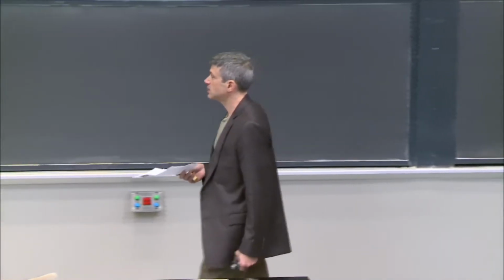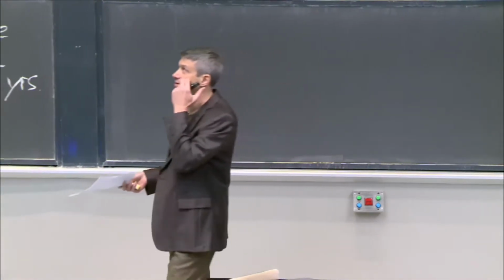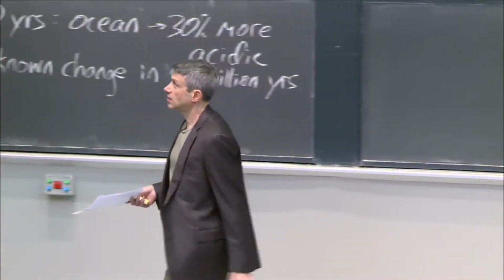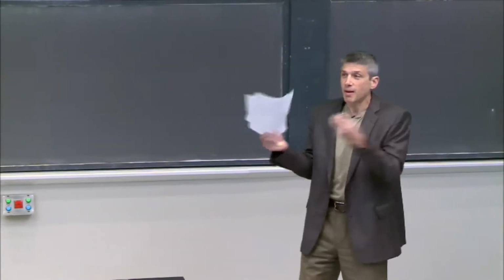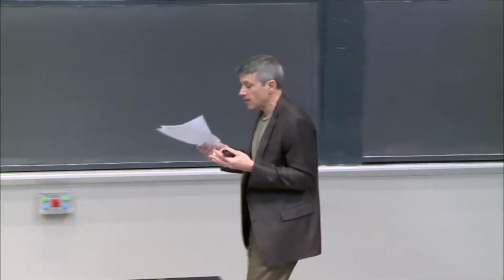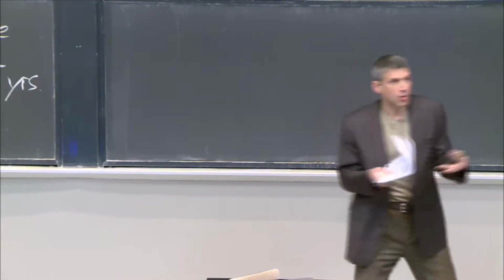Now, the question is, why do these things dissolve in the first place? There's acetic acid, citric acid. There's sugar, right? These are molecules that look like that. Why do they dissolve in the first place? The answer is because of all the things that we've learned about bonding, and about whether a molecule is polar or not.